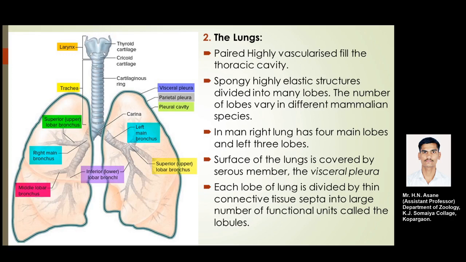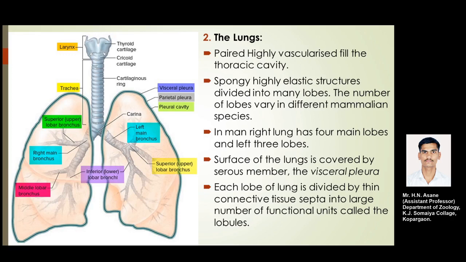Then there is the inferior lower lobar bronchus for both the left and right lungs. The inferior side of both lungs has its air supply through the inferior lower lobar bronchi.